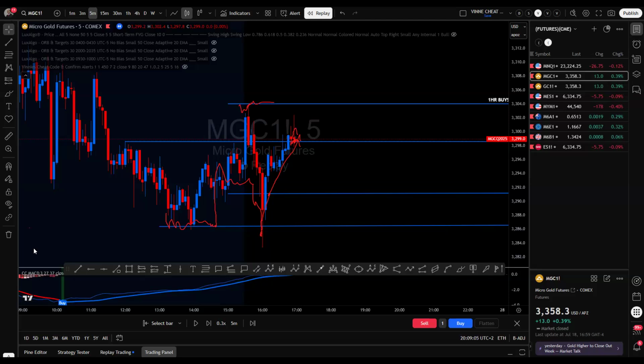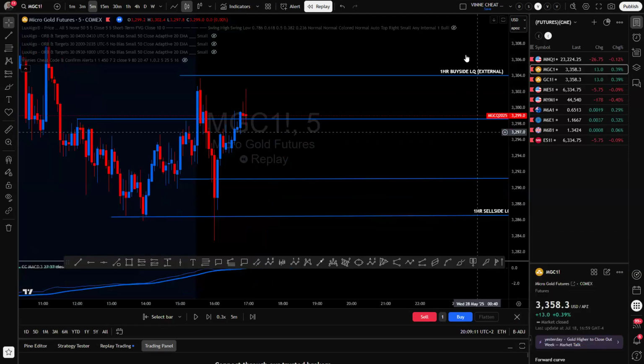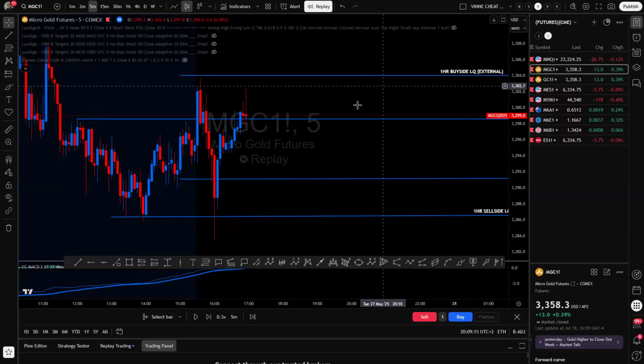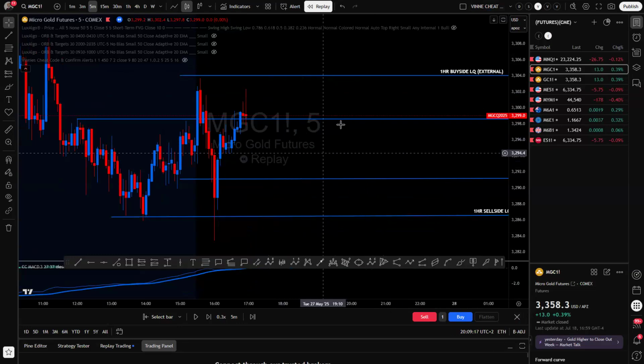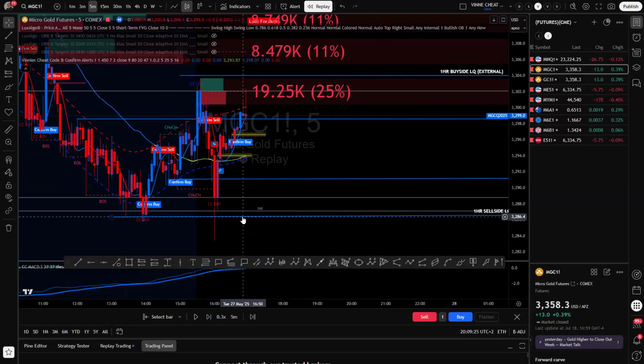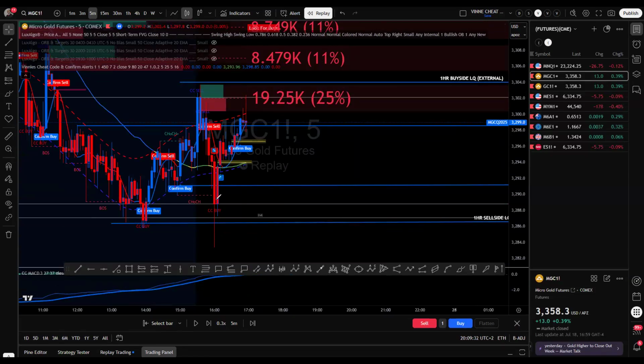So now, what we want to ask ourselves is, where is price laying now? Is it laying close to external liquidity, or is it still in between? Well, the way we're going to figure that out is by turning on our price action concepts indicator, and then turning on our Vinny's cheat code indicator. Now, anytime price is sticking out of the Bollinger Band here, it is a signal that price is going to do a major reversal.